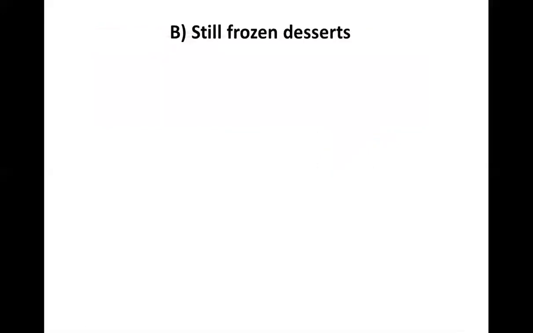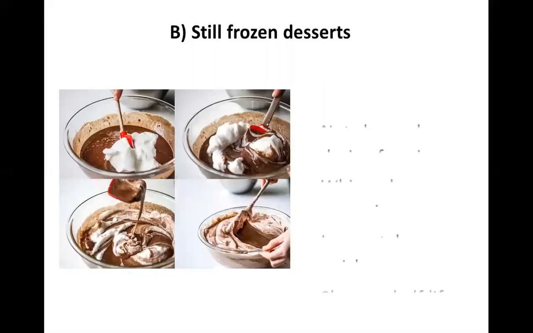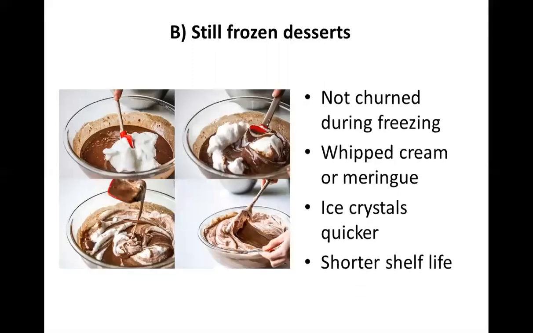Okay, let's continue with our topic, that is frozen desserts. So already we discussed the first part of the frozen dessert, that is churn frozen desserts. So let's see now what is a still frozen dessert.